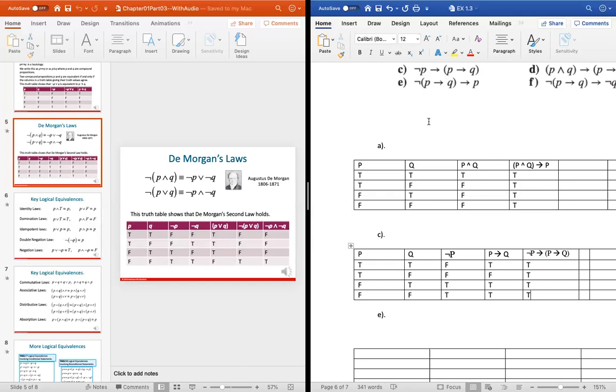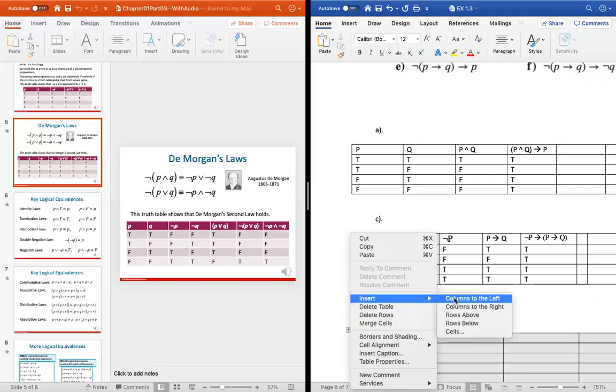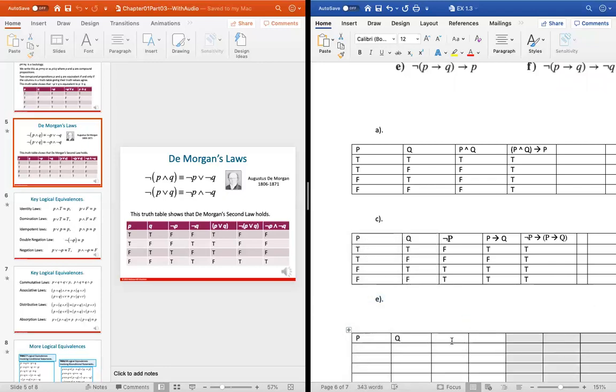Let's take the last example. This is part number E we're doing.